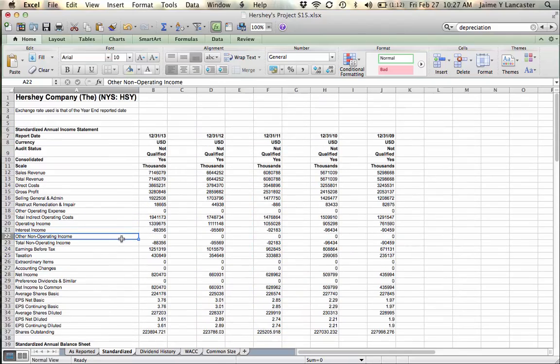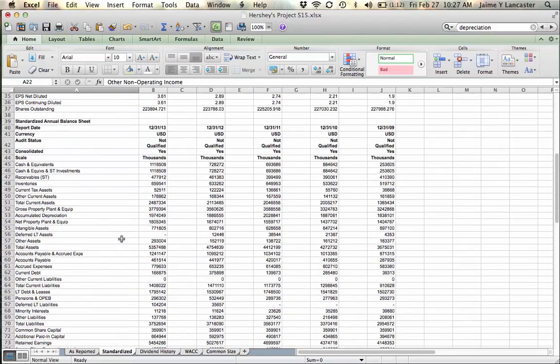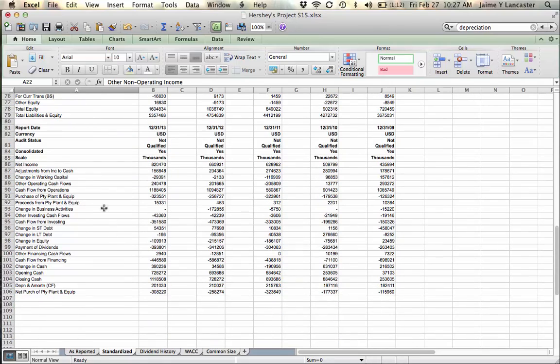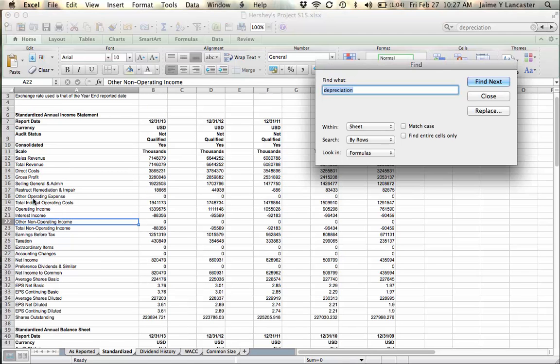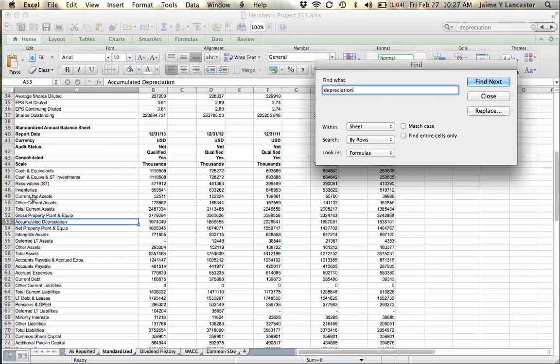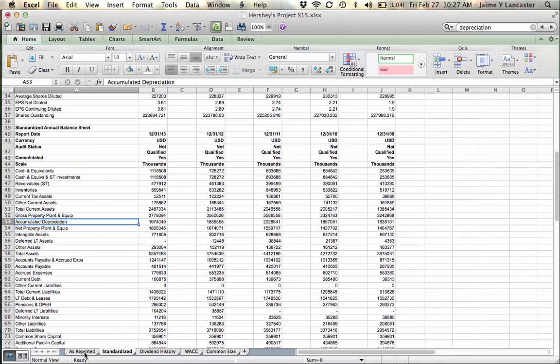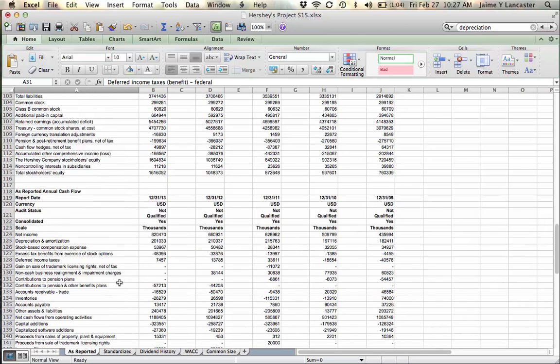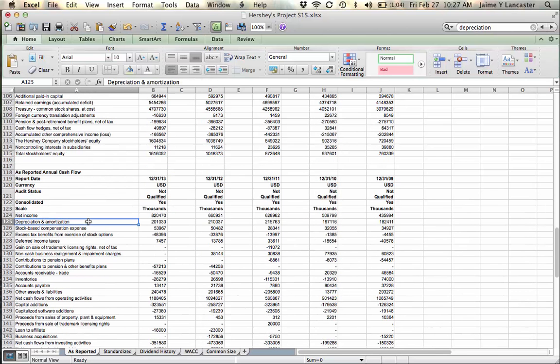And if we scroll down on the income statement, scroll down through the balance sheet, scroll down to the statement of cash flows, we can find our depreciation expense. Nope. Oh, is it only on the as reported statements? It is. As reported. Depreciation and amortization. Phew.